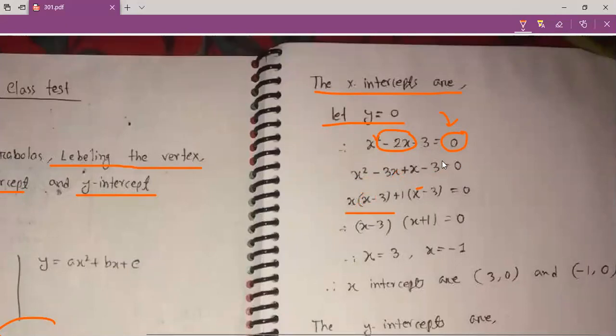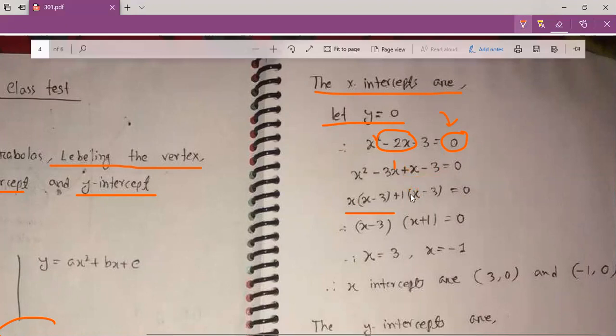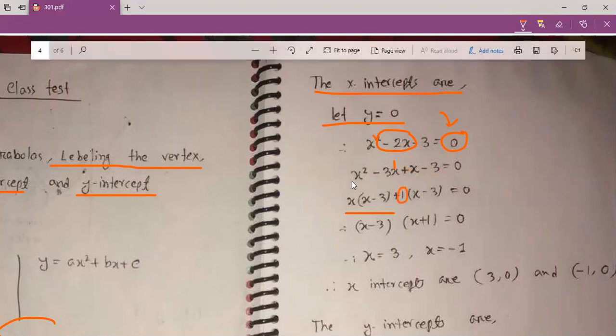And here we can divide by 1, right? And we can multiply also. So x divided by 1 is equal to x, and minus 3 divided by 1 is equal to minus 3. And if we multiply on the upside, it will be like this way, right? So this way we can come from this line to this line.